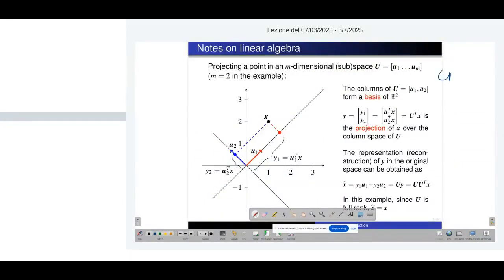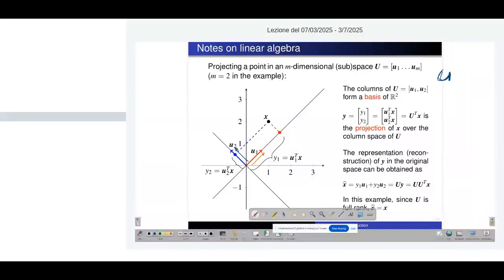In any case, U defines the basis of the space where I want to project my point. In this case, I have two vectors, U1 and U2, which correspond to these two directions. And you see that they are orthogonal. What does it mean to project the sample in this subspace?